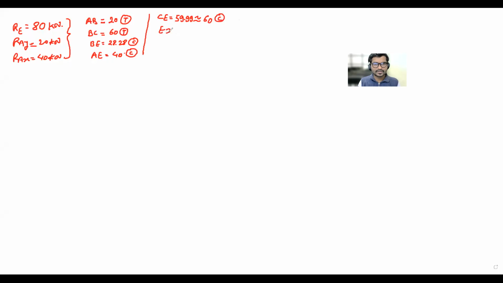Then ED is 59.99, which is equal to 60. Is ED compressive or tensile? Check it. ED is tensile, and CE is compressive. Then CD has magnitude 84.85, and it will be tensile, right?